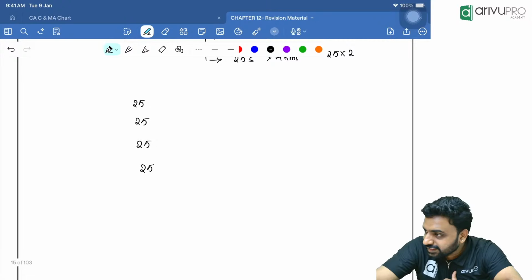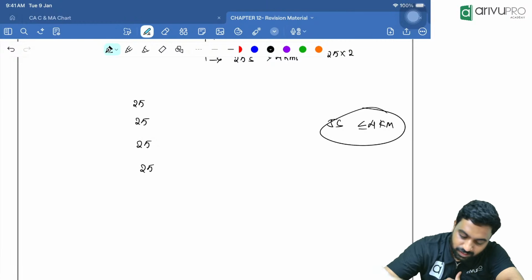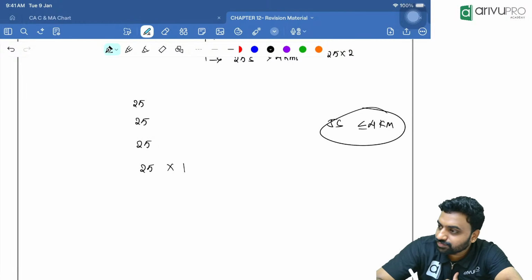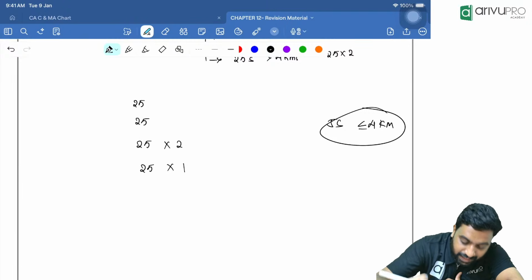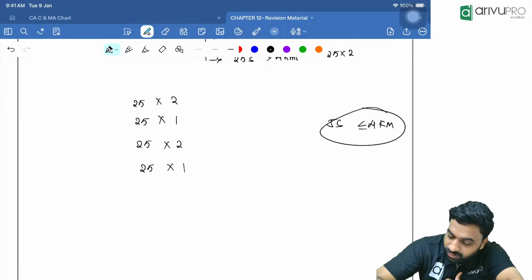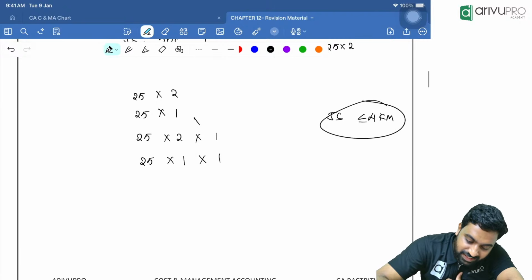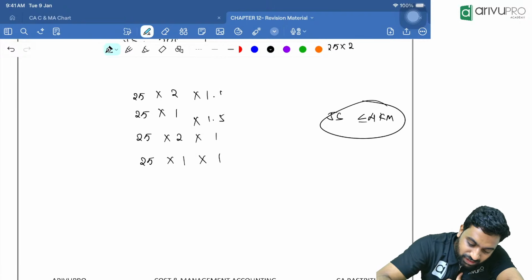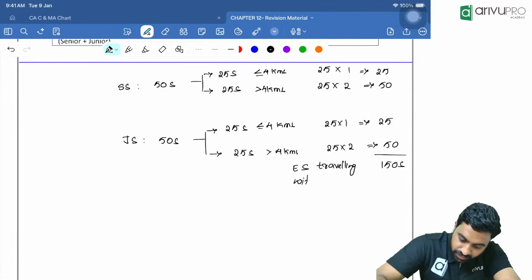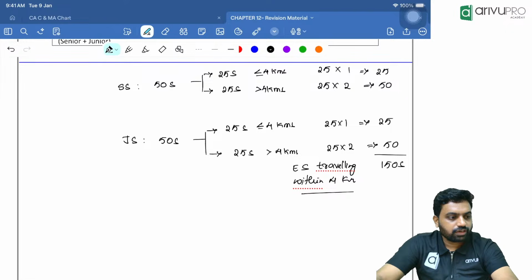So now base is junior student traveling for less than or equal to 4 kilometers. That means this I will take as 1. This I will take as 2. But for these people I am charging normal 1. For these people I am charging 1.5 times of this. And within 4 kilometers, that doesn't matter. Junior student doesn't matter. It is people traveling within 4 kilometers.